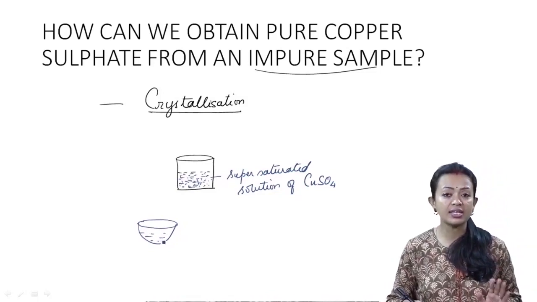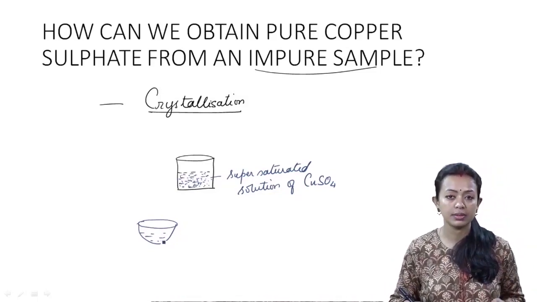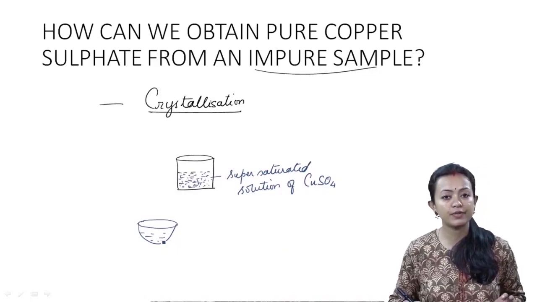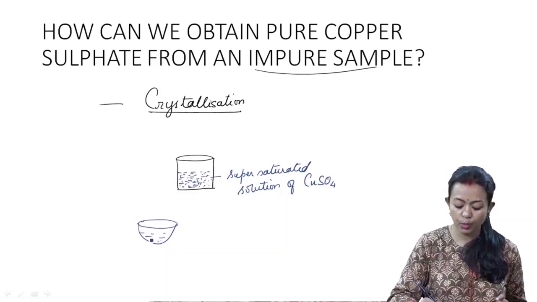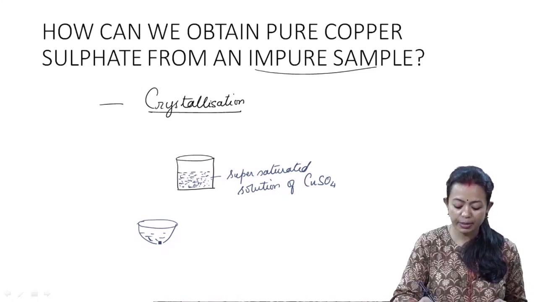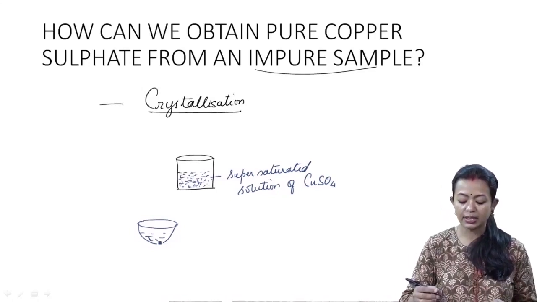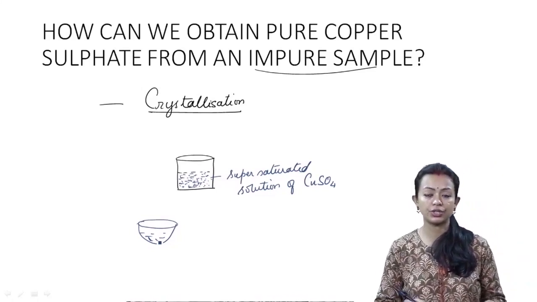and leave it undisturbed for a few hours. If possible, we leave it overnight. The next morning when you open and see, you can find that crystals of copper sulfate have been deposited at the base of the china dish.